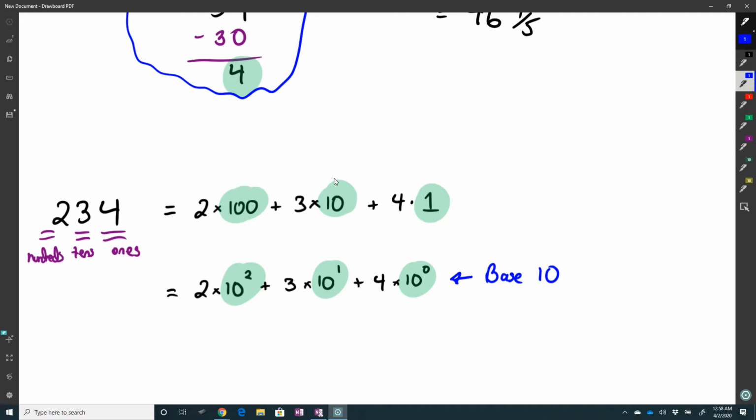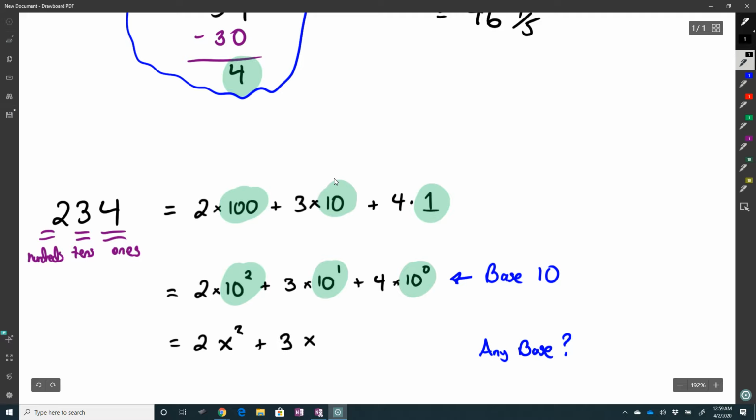So even though we're used to base 10, what happens if we make it to where it's any base? And this is just a rough oversimplification of what's going on. But notice if I replace the 10 with an x, I end up with 2x squared plus 3x plus 4.